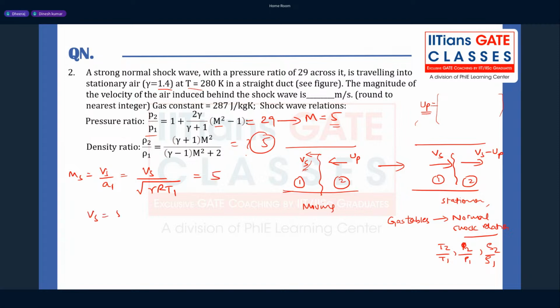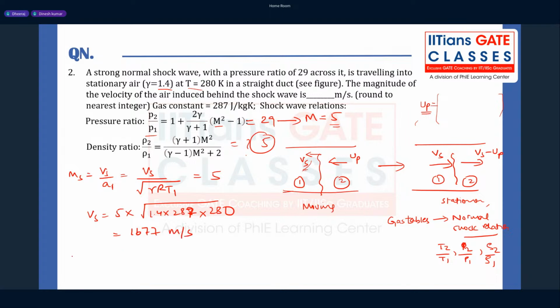So Vs is nothing but 5 into root over 1.4 into 287 into 280. If I solve this, I'll get Vs to be 1677 meters per second.